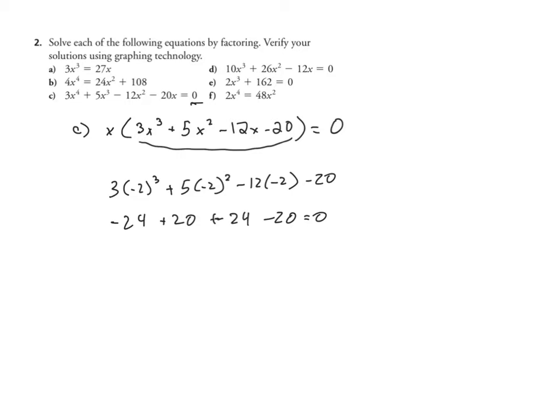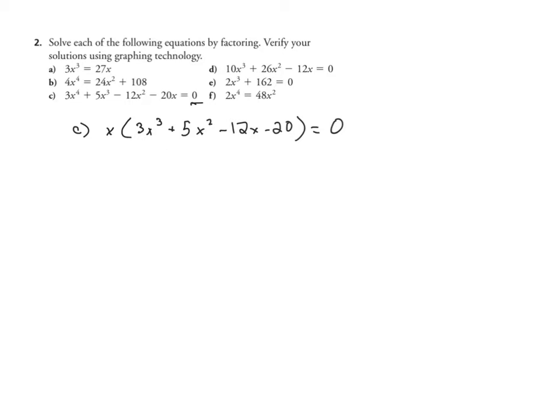Yeah, that equals 0. Okay, that's good news. Let's use that. So we know that x times x plus 2 is another factor. Let's find the other factor. 3x cubed plus 5x squared minus 12x minus 20.